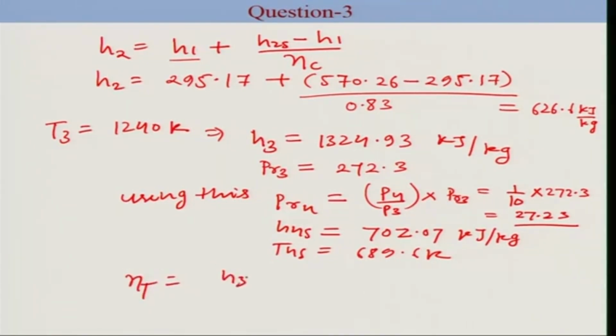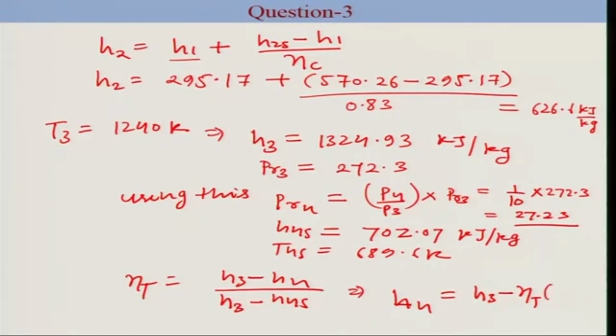So, from the isentropic efficiency of turbine, we can get H3 minus H4 equal to the efficiency times (H3 minus H4s). After rearranging, we get H4 equal to H3 minus turbine efficiency times (H3 minus H4s). After plugging the values, H4 equal to 1324.93 minus 0.87 times (1324.93 minus 702.07), as efficiency is given in the question.